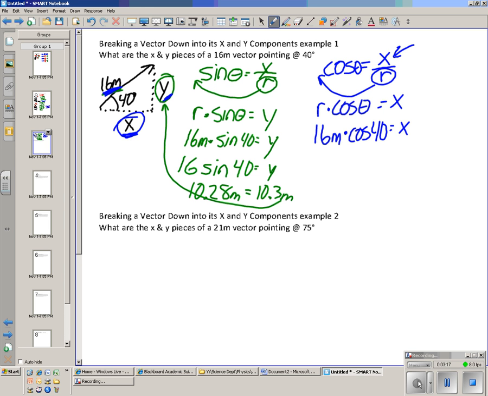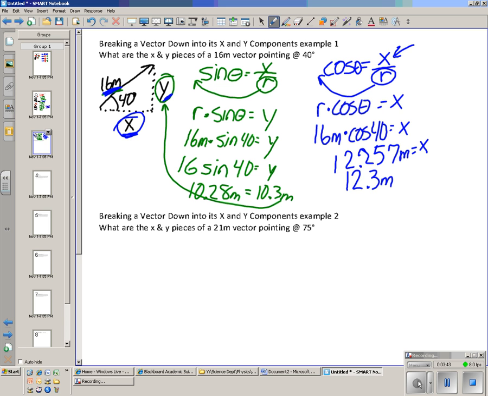That's equal to the x. And I tap into my calculator. This is something you definitely need your calculator for. Most people could not do this in their head. That would be 12.257 meters is the x, and with reasonable significant digits, that would be 12.3 meters.